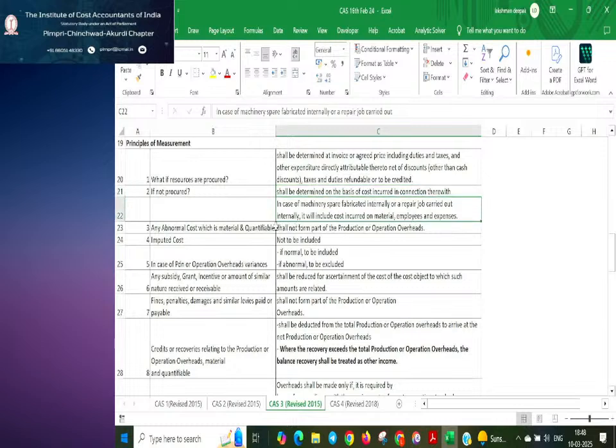In case of machinery, this is an example: a machinery spare which is fabricated internally or a repair job carried out internally will include cost incurred on material, employees and expenses. So you can directly track it. You can directly say that this is what it is. Then any abnormal cost.